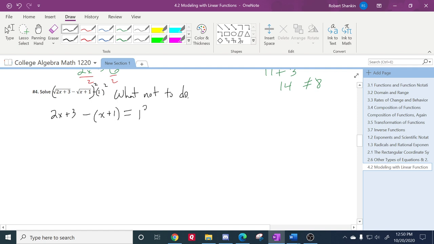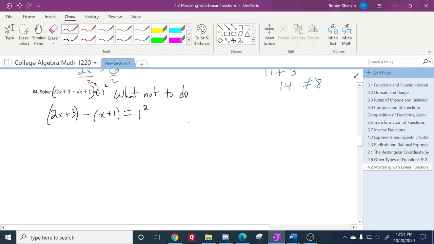Equals 1 squared. And the problem with this is that you can't distribute this exponent to both of these things. If you're going to square the difference of two things, you have to FOIL it out. And so this would not be the right answer, even if we put this in parentheses.